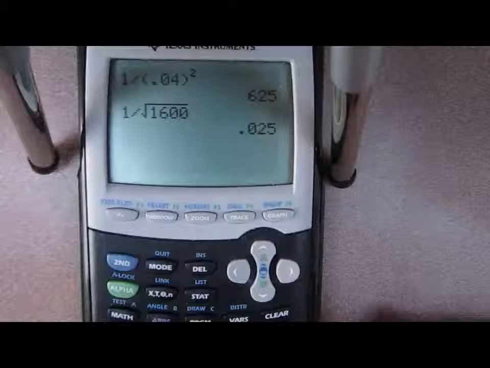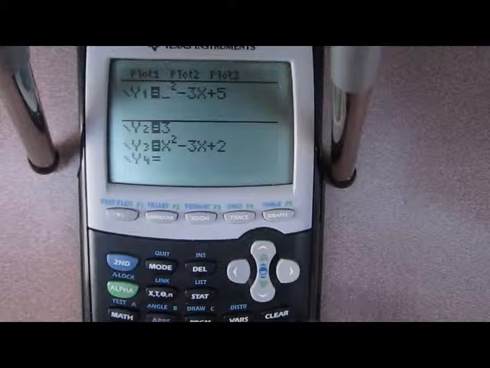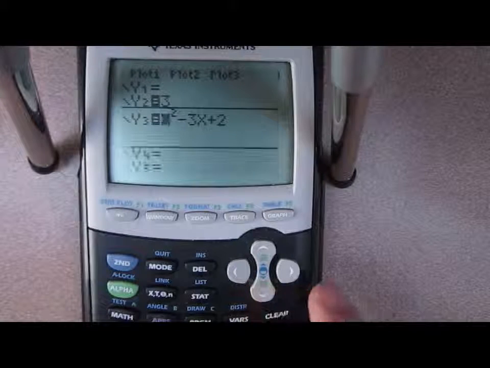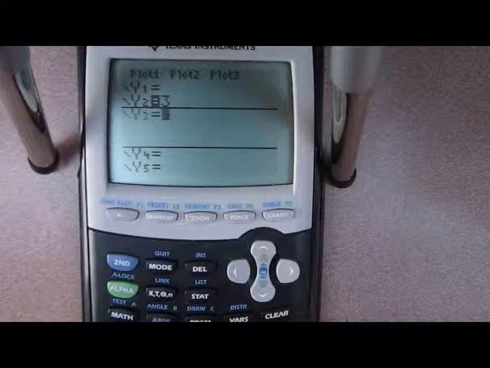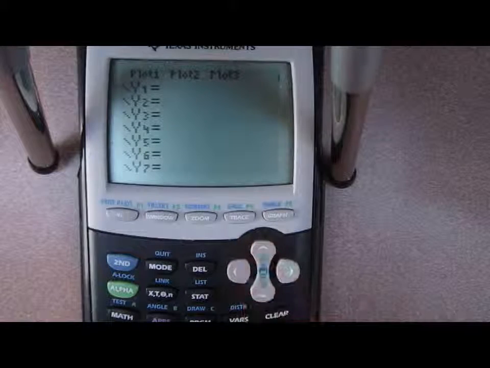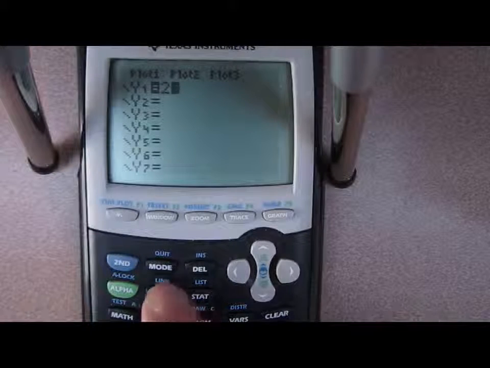To graph the quadratic function, you have to hit Y equals. If you have something inside your calculator, hit clear, enter. Do the same thing, clear, enter. Once you clear everything, you can start entering your quadratic equation.